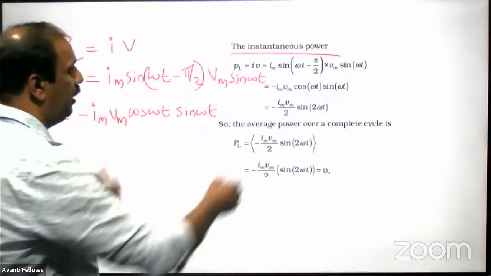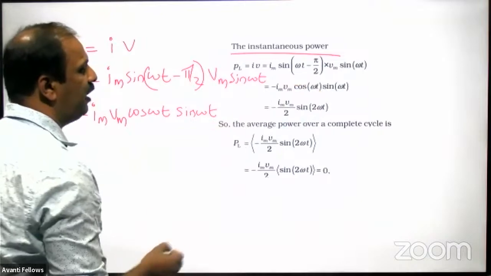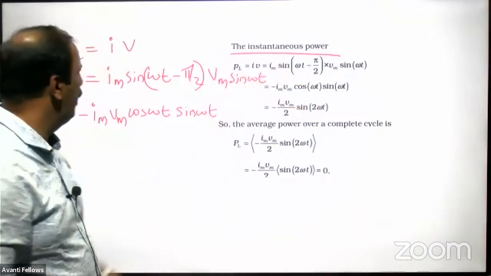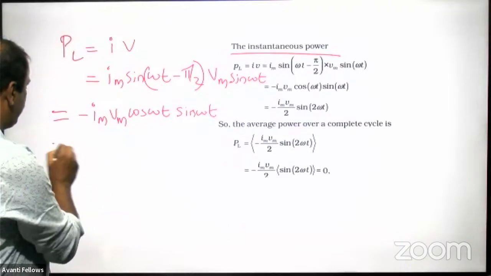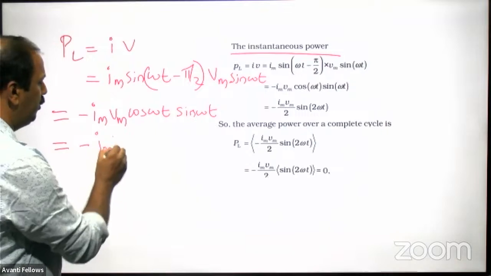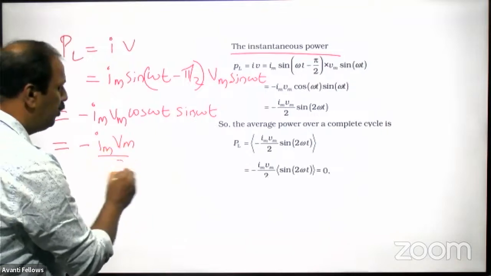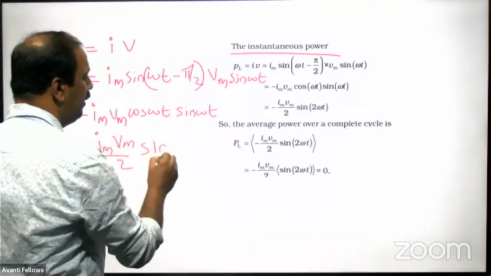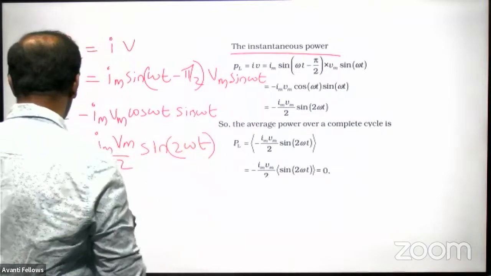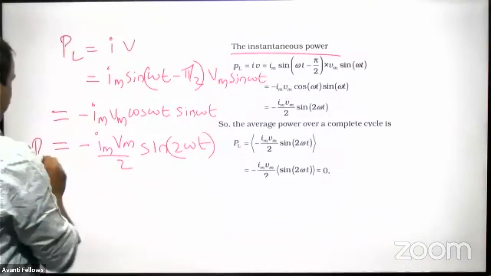This is sine omega t and cos omega t. If you compare with the trigonometric identity, sine 2 theta expansion, you can get it as minus Im into Vm by 2 sine 2 omega t. So this is the instantaneous power across the inductor.